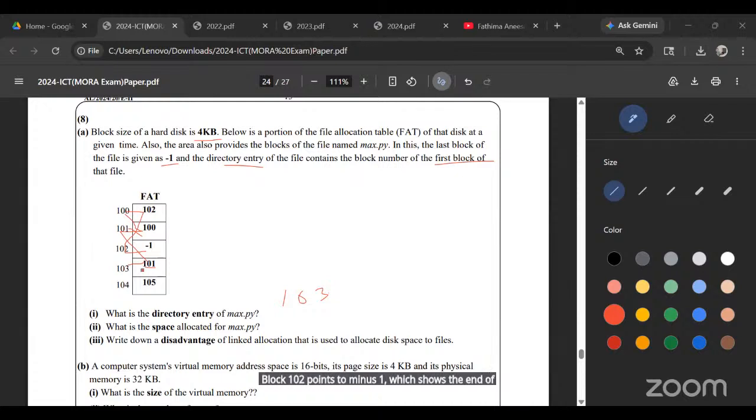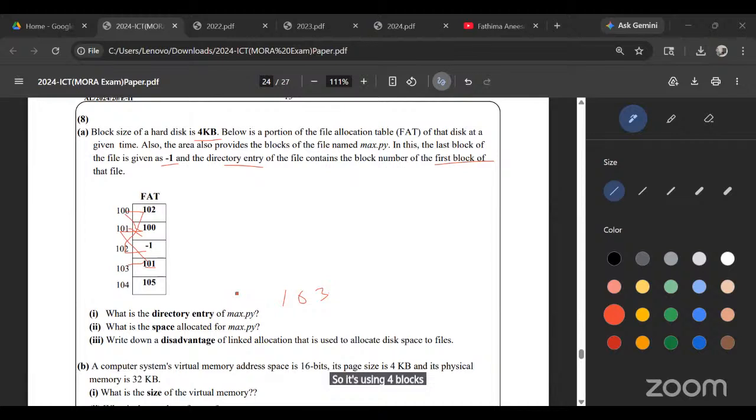So when you count 103, 101, 100, 102, in total how many blocks is this file using? 4, right? Which is 103, 101, 100, 102. So it's using 4 blocks.